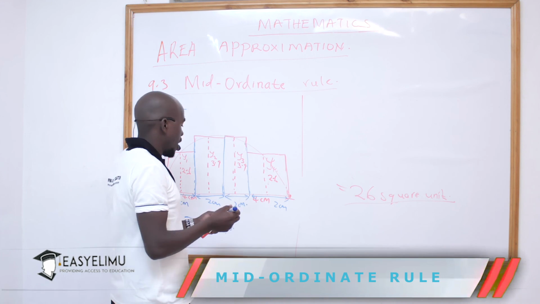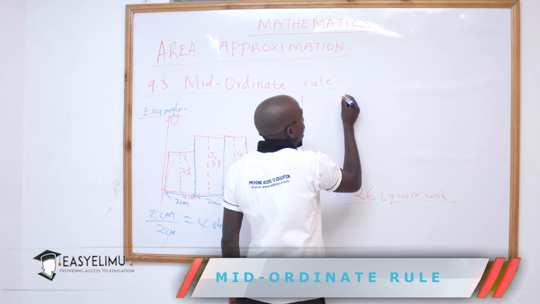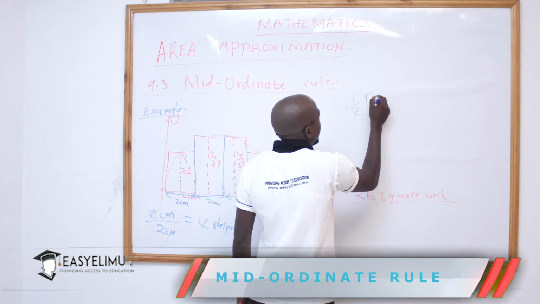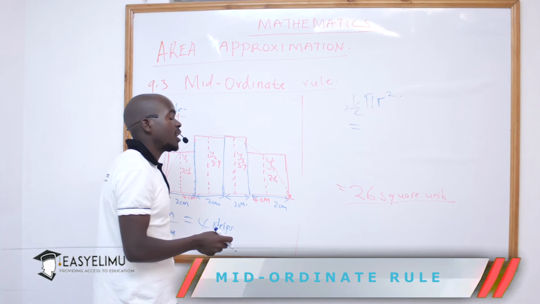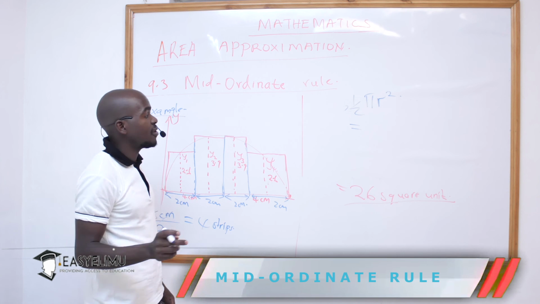The exact area we can find by taking a half times pi r squared, where the half represents the semicircle, 180 degrees over 360.